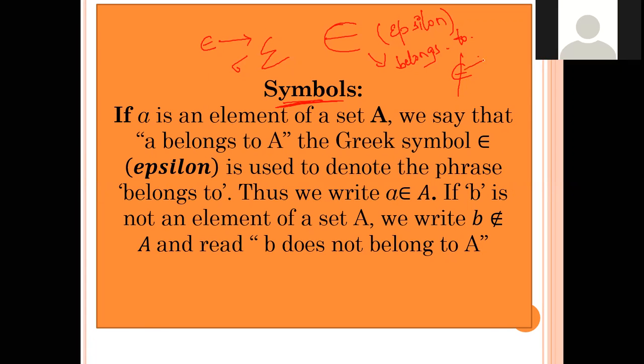This says does not belong to. Now if I say A is equal to {1, 2, 3, 4}, set A, so this is a set. How many elements does A have?